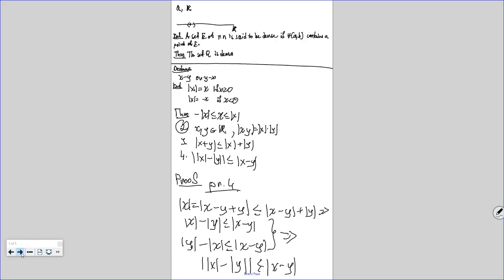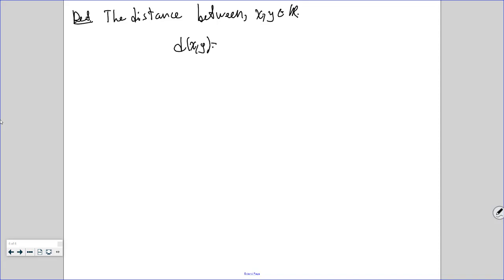Now, as long as we know the properties of absolute value and the idea of the absolute value function, we can define the distance in R. So the distance between two real numbers x, y that belong to R is defined as the absolute value of x minus y.